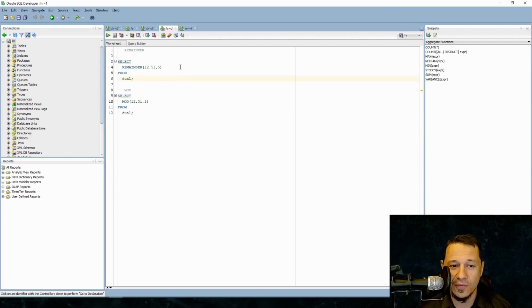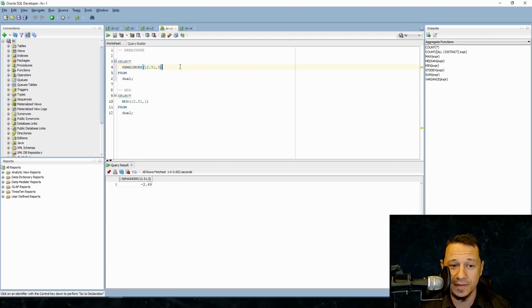The REMAINDER function looks for a difference between a number that we provide and the closest value of the multiplied second parameter. So in our remainder function, where we provide the first parameter as 12.51 and the second parameter as 5, it will look for the difference between 12.51 and 15, as 15 is the closest multiple to 12.51, and it will return minus 0.49, right?